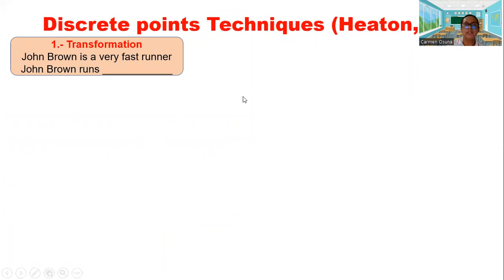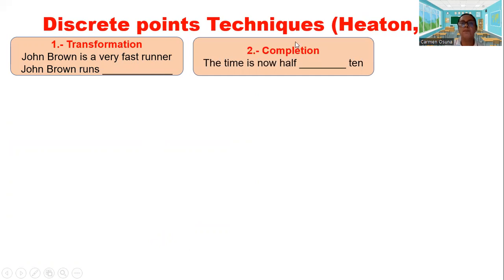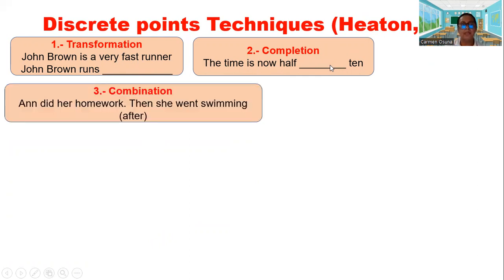Discrete points techniques. This is transformation. There is a sentence, John Brown is a very fast runner, and we have to transform the first sentence into another one. Completion, the time is now half, and there is here a word, I have to complete this sentence.